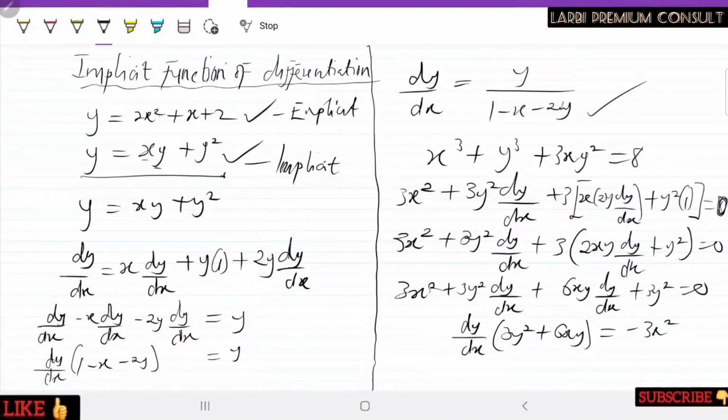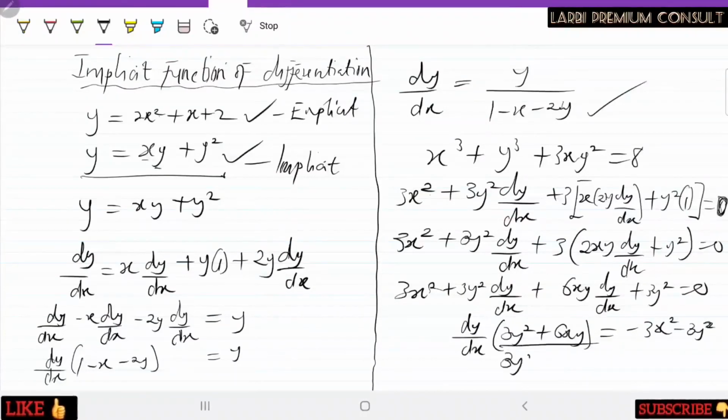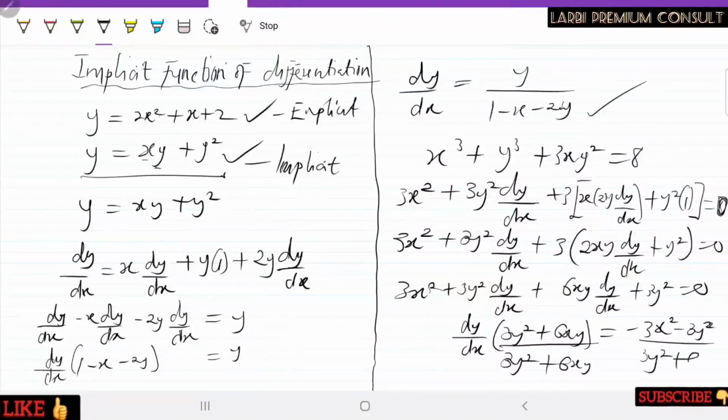Negative 3x squared, negative 3y squared. I hope that's clear. So once I get to this, I'll divide both sides by 3y squared plus 6xy.